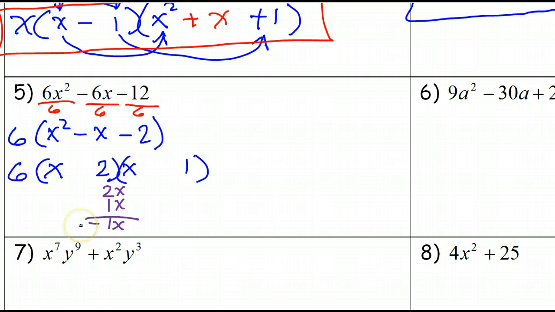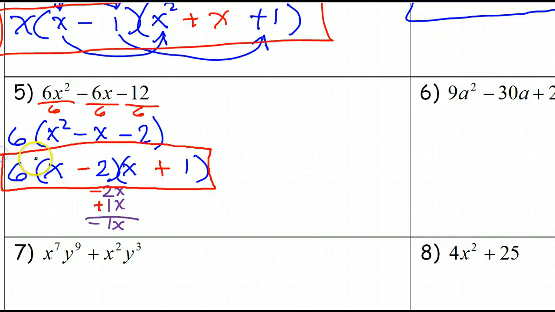We can get that if we do a negative 2 and a positive 1. So there's my negative 2, there's my positive 1. A negative times a positive is a negative, so that works out. So this is the answer.